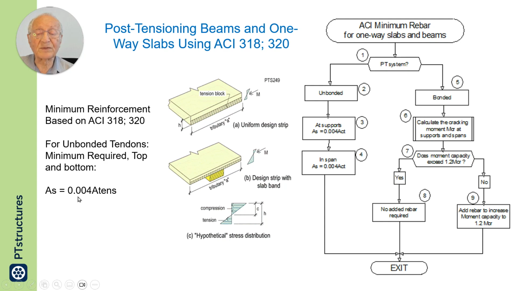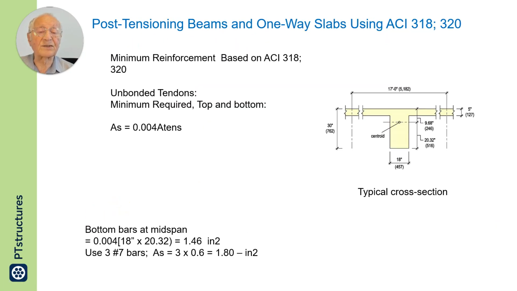This coefficient times area of tension gives the amount of rebar to be placed within the tensile zone. This will be placed at the top and bottom, wherever you have the tension. Over the support, typically you have tension at the top, so this will be placed at the top, and toward the center of the span, it is at the bottom, so you put it at the bottom.